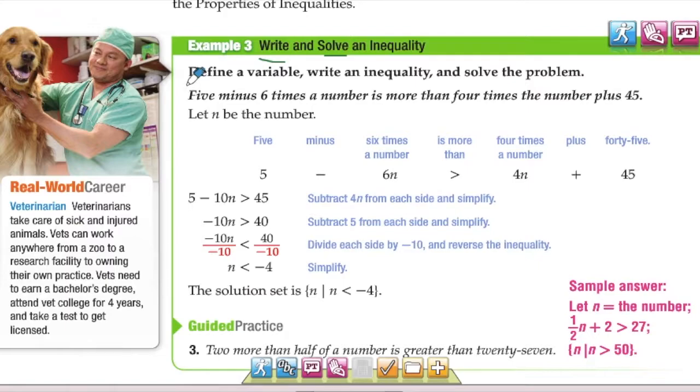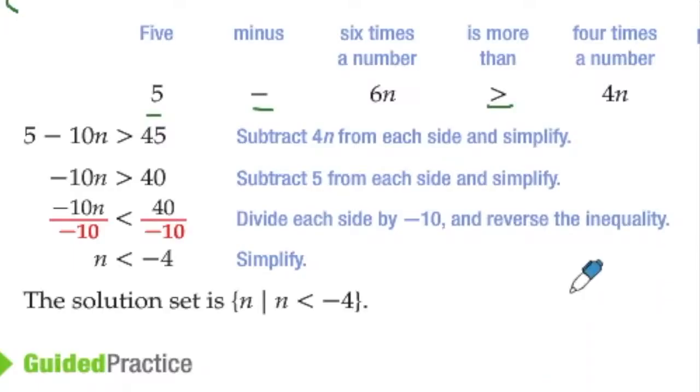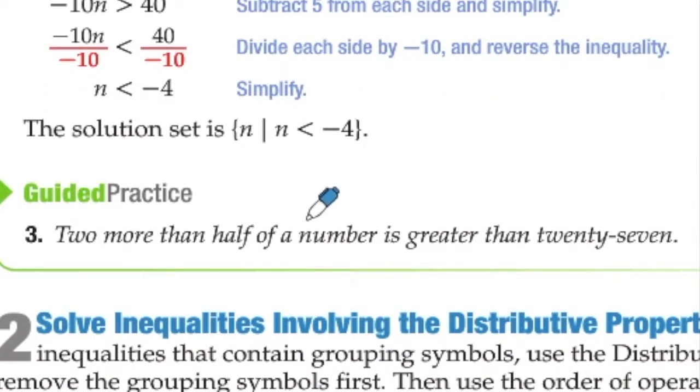Notice that in the problem we can translate that to numbers and symbols and inequality symbols. All of those things are important skills in being able to translate from words into a problem that we can solve. So for the example, guided practice 3, we're going to write 2 more than half of a number is greater than 27.